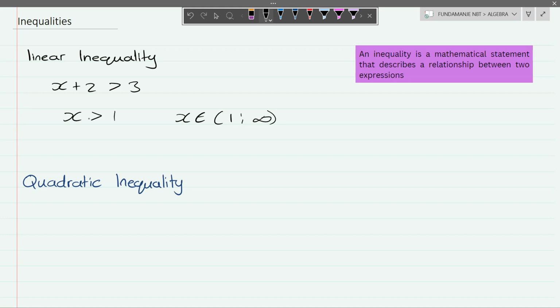If we were to visualize this, then we would have our x-axis, and 1 would be our critical point, and we would have our function like that. This line would represent 3, and we see our line for every x value that is greater than 1.